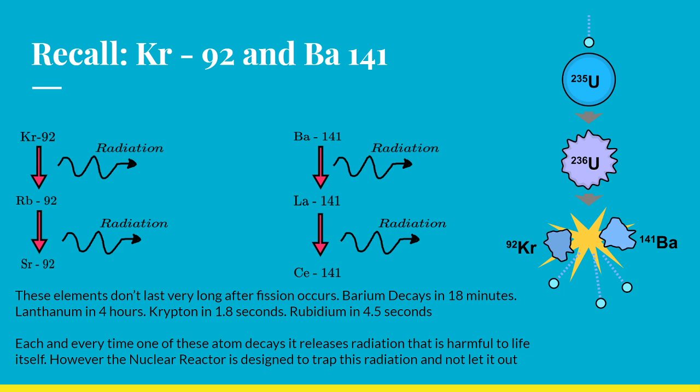Barium will change in about 18 minutes, and it will become lanthanum. The lanthanum will then change itself into, I believe, cerium in about 4 hours. Krypton itself changes in about 1.8 seconds and becomes rubidium.